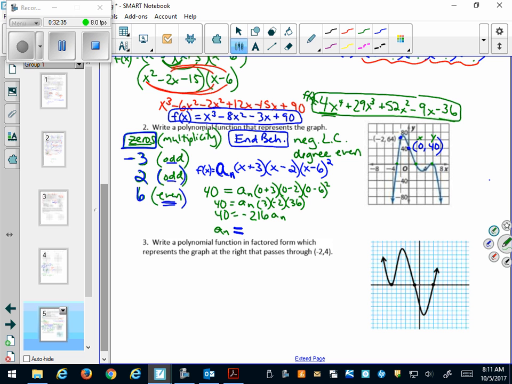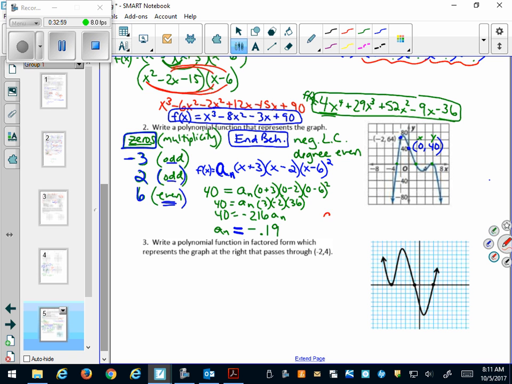That's what I meant. Negative 0.19. Sorry. You guys all catch that? I did it backwards. Divide by negative 216. So it's 40 divided by negative 216. We get negative 0.19. Okay, so then we're going to rewrite our function.